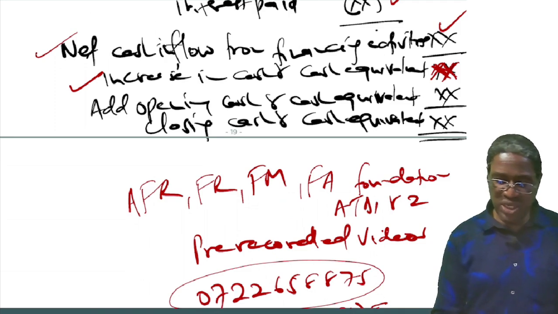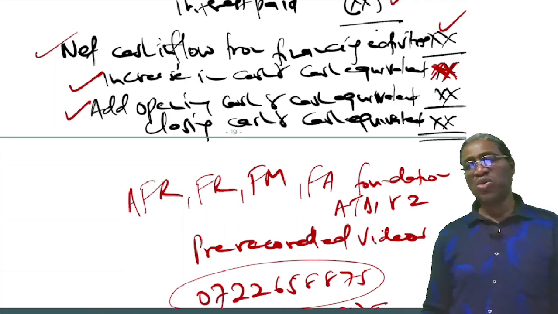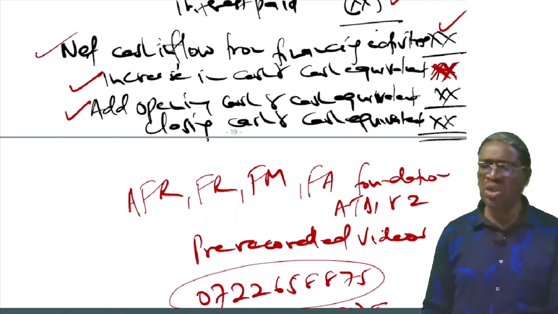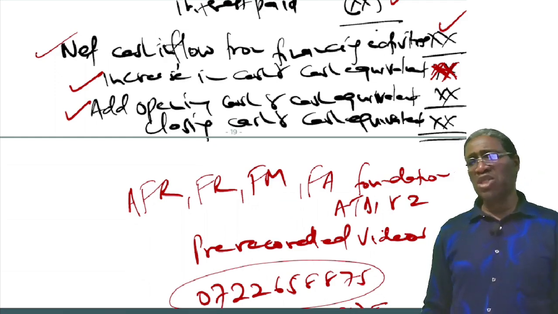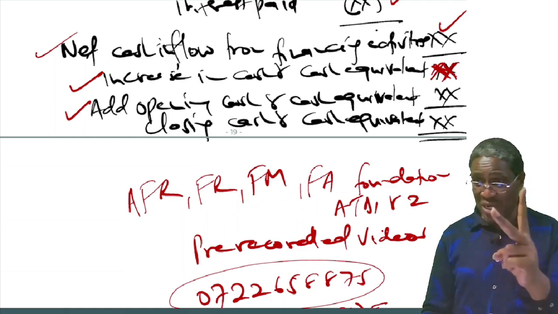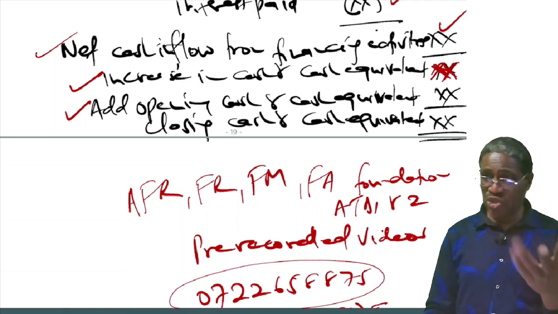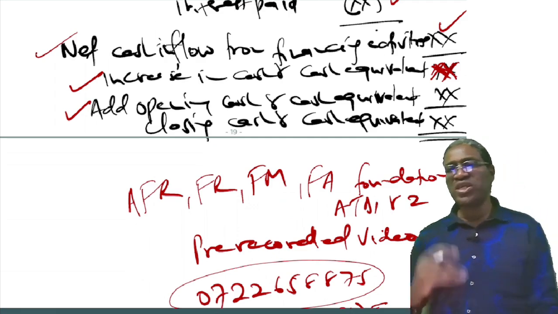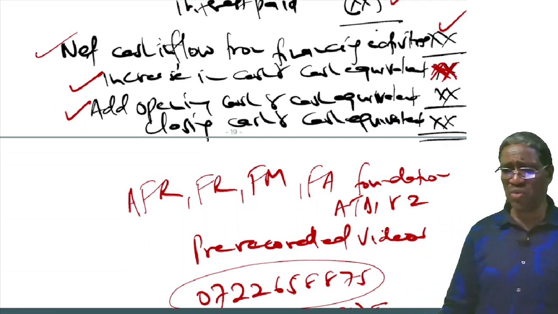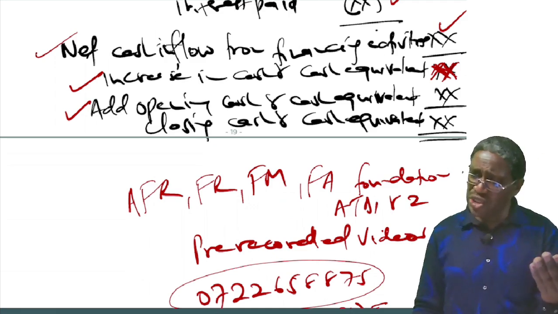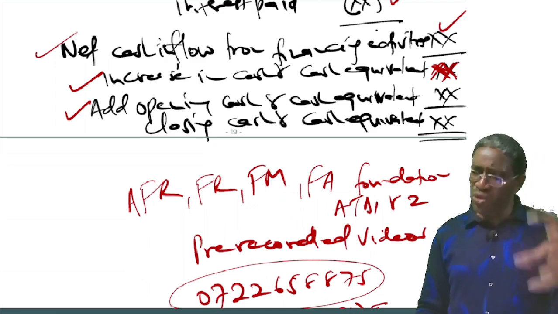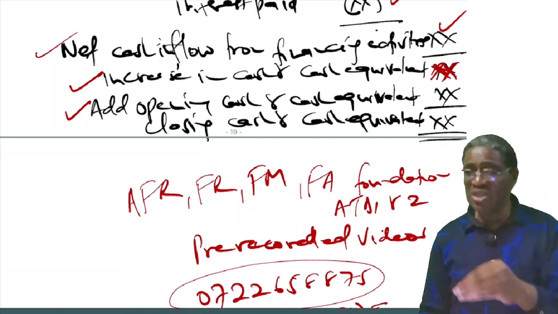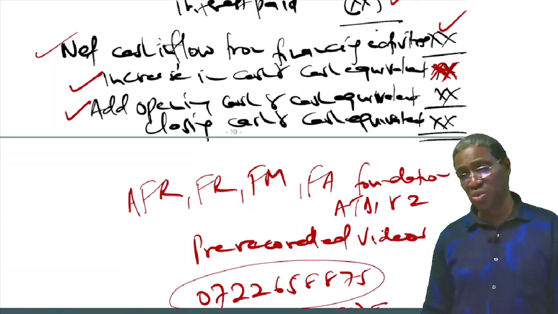Then from there we said you now add what we called the opening cash and cash equivalent. And I told you in any question for cash flow, you will be given two balance sheets or two statements of financial position, one for last year and one for the current year. So to determine the opening cash and cash equivalent, we said you go to the balance sheet last year, whatever was the closing cash and cash equivalent last year, automatically that becomes the opening cash and cash equivalent.